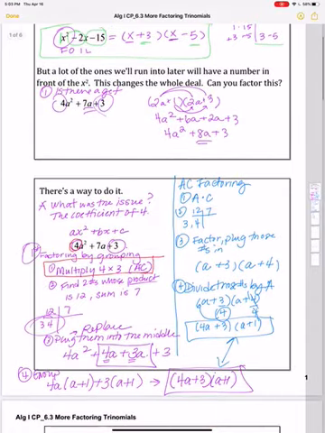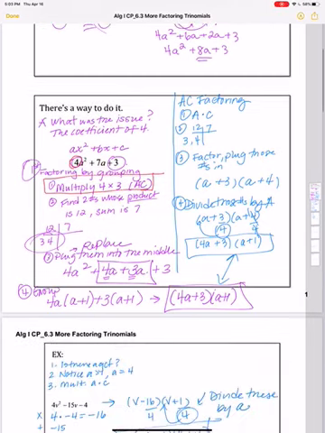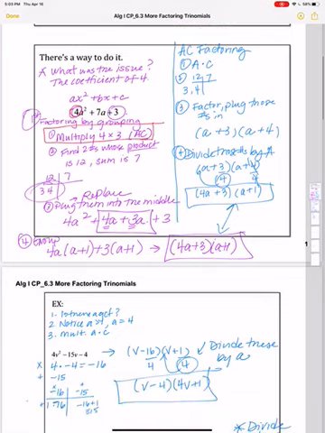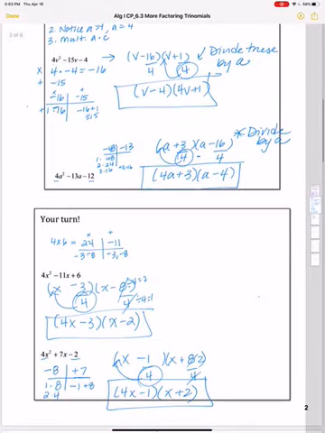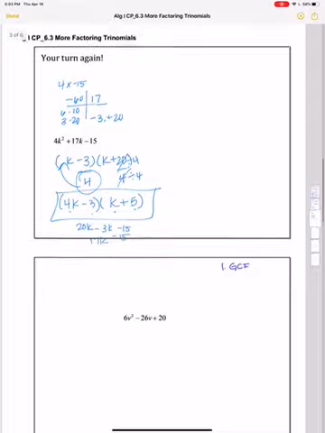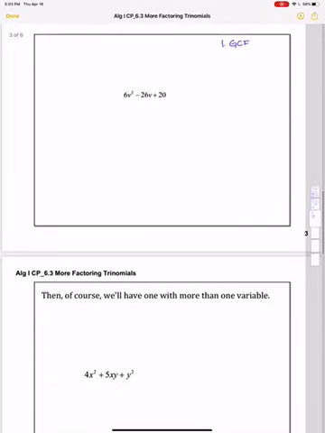We multiply a times c. In the second example, we had 4 times 3, and that gives us 12. It's a positive 12 because they're both positive numbers. So it's what times what is positive 12 and added together is positive 7. Once you find those numbers, you put them into place, but you have to divide them by a. That's the thing that we typically forget. So we went through these examples. You are more than welcome to review those, but I'm going to start with some new ones that we haven't done yet.